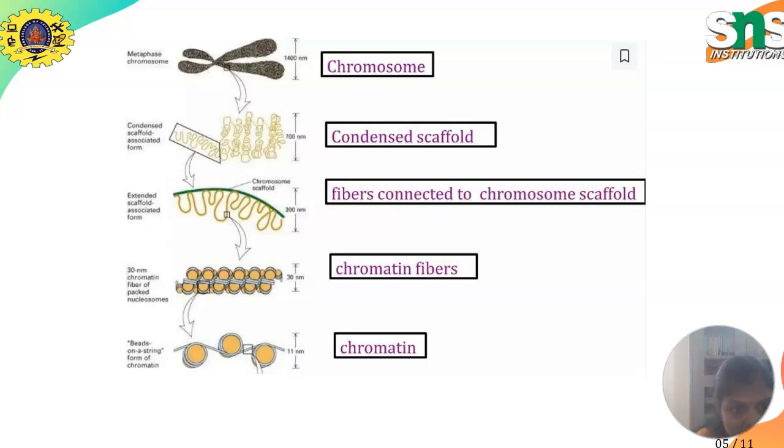The fibers have a diameter of 300 nanometers, the condensed chromatid has a diameter of 700 nanometers, and the chromosome is in the form of a metaphase chromosome with a length of 1400 nanometers.